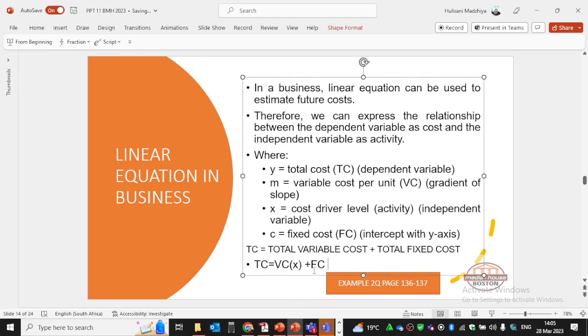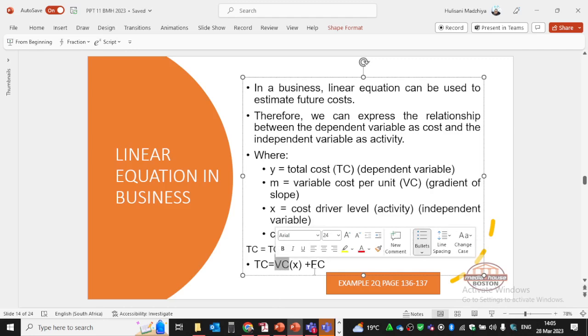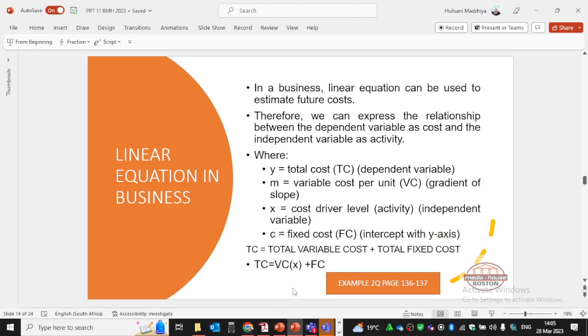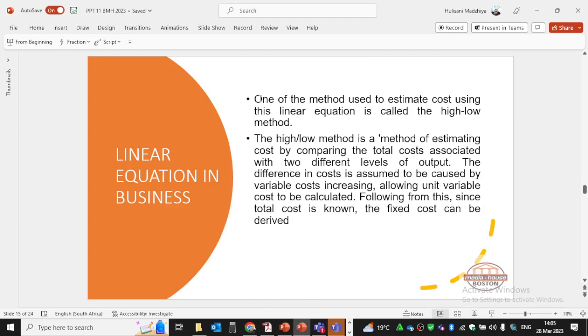We first identify the variable cost per unit, which is easy to identify, and later on we identify the fixed cost. Here it says that one of the methods used to estimate cost using a linear equation is called the high and low method. But before I explain the high and low method, I would like to hear from you guys if you have any questions so far.